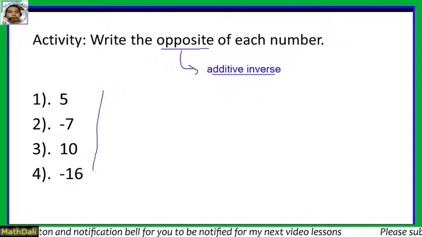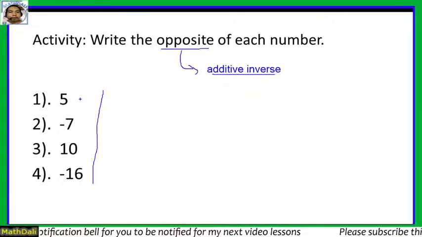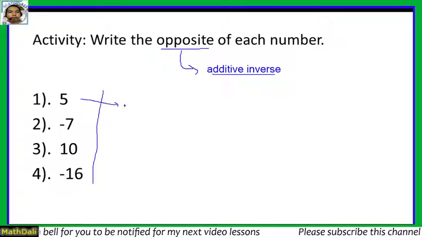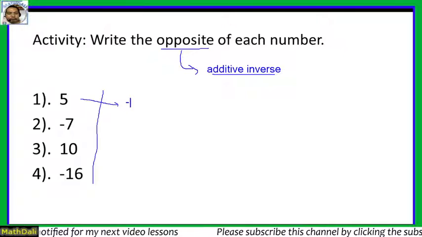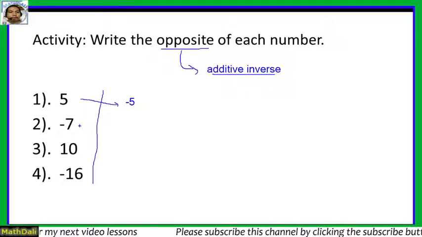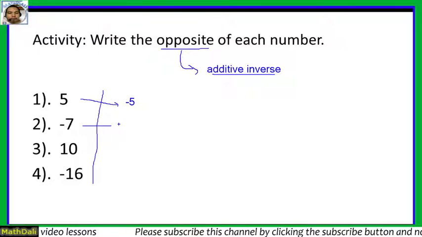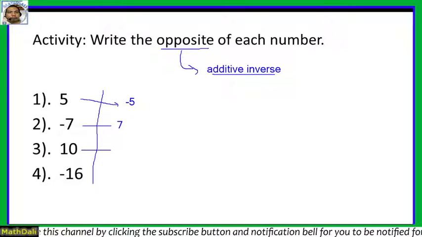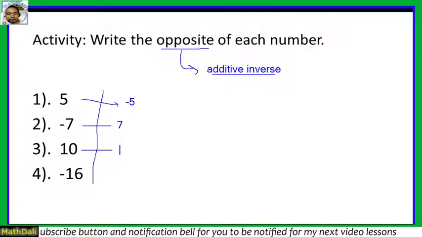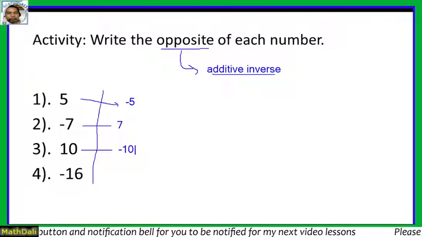Okay, so let us have this. Positive 5. Kukunin natin yung opposite niyan. Ang opposite ng positive 5 ay negative 5. Then we have the opposite of negative 7. Ang opposite ng negative 7 ay positive 7. Next, positive 10. Ano yung opposite ng positive 10? Negative 10.